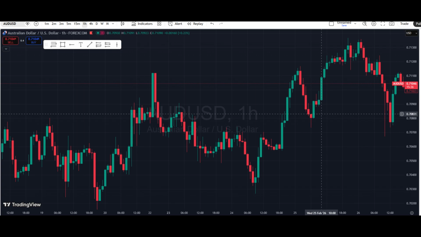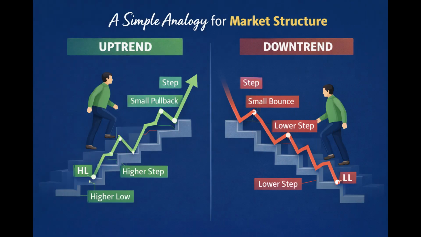Think of market structure like walking on a staircase, going upstairs or downstairs. In the uptrend, you put a step, then a small pullback, then you move again, a higher step, a small pullback, a higher step.